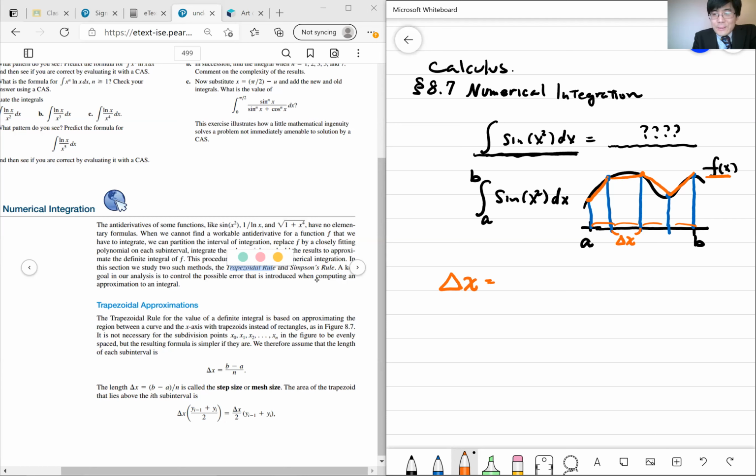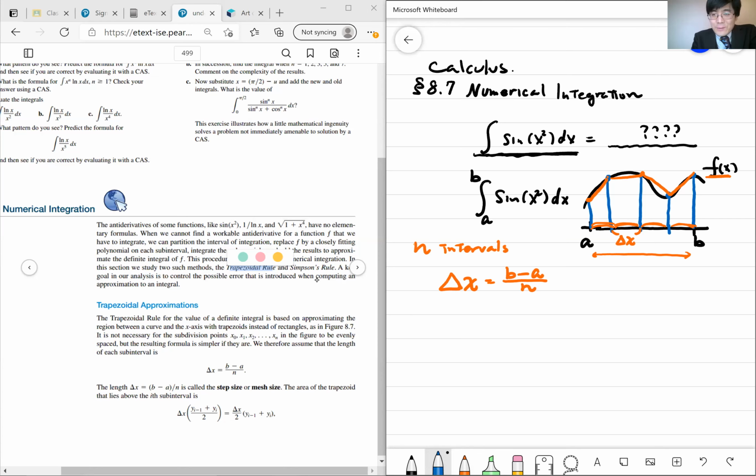Delta x is basically the length between a and b divided by the number of intervals, so let's divide it by n. So this delta x represents the length of the subintervals.